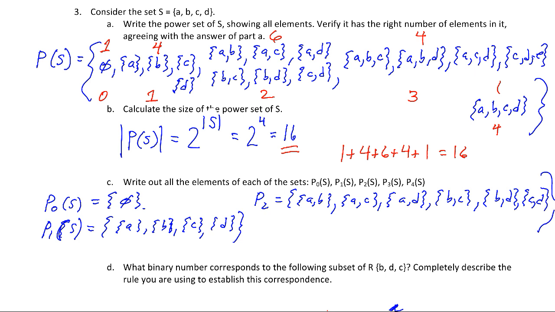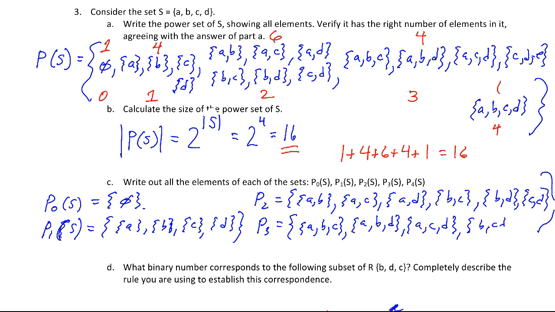The set P3 is the set containing 3 element subsets. There's 4 of them. I skipped D first, then I skipped C, A, C, D, and then finally B, C, D. These are the same sets as above. And finally P4 is the set containing the set itself.